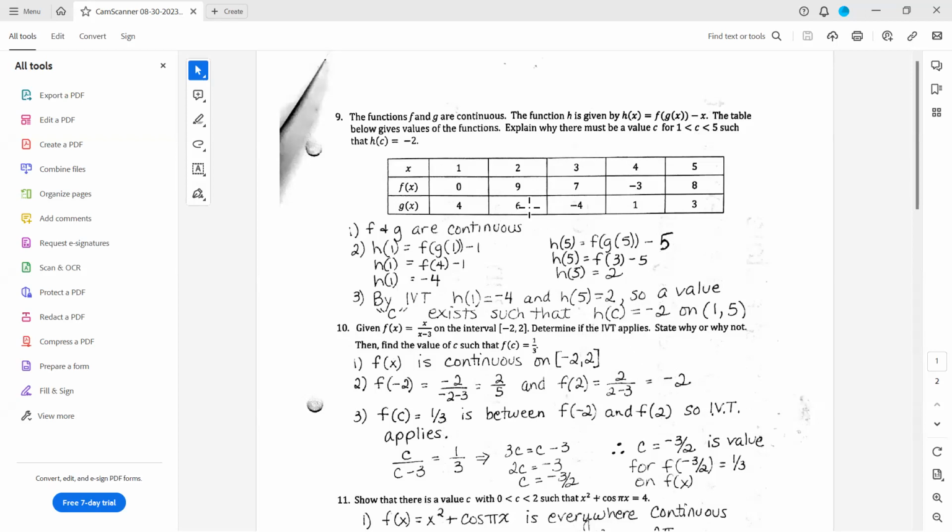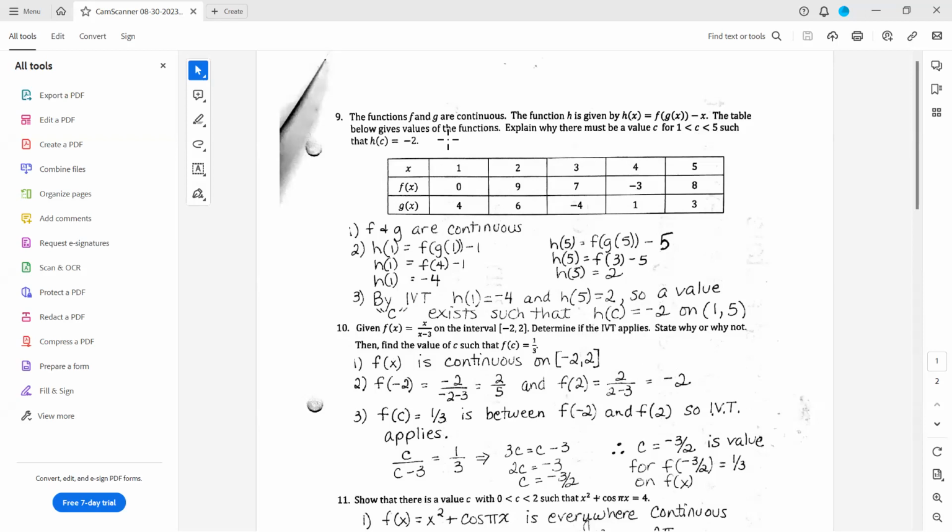So the first condition to using the intermediate value theorem, if I'm talking about a composition of functions, okay, then the function that is swallowed has to be continuous. Here F swallows G, right?